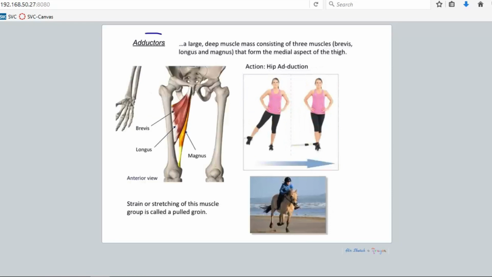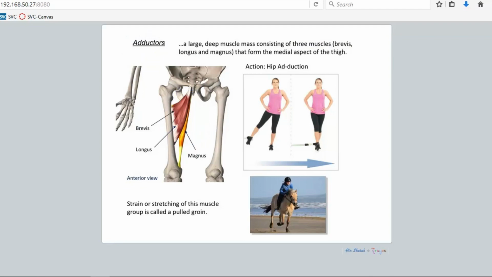Okay, then we have muscles called the adductors, and this is a large, deep muscle mass consisting of three muscles: the brevis, longus, and magnus. You guys just have to know these collectively as the adductors. I can put any of these three or all of them on there, and you just have to know them as the adductors.